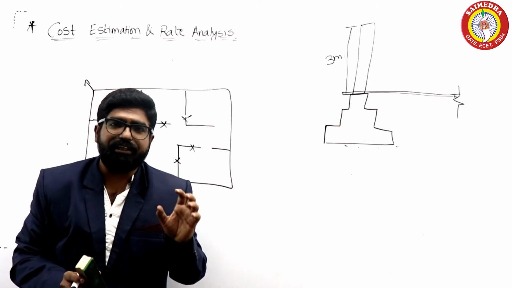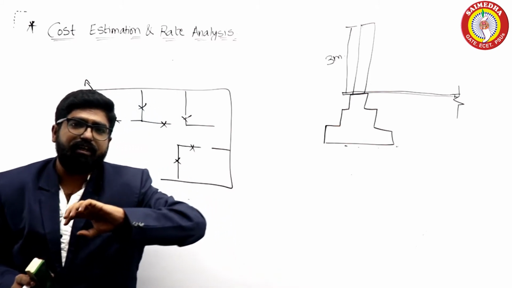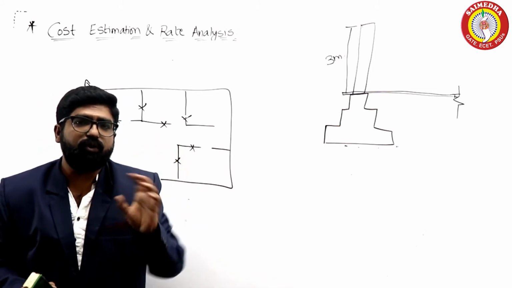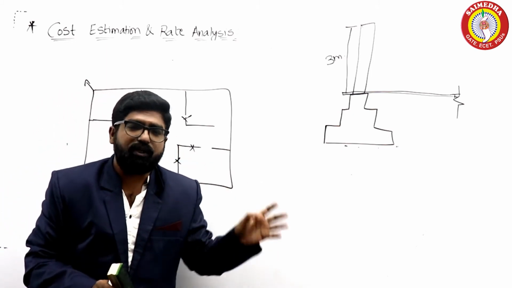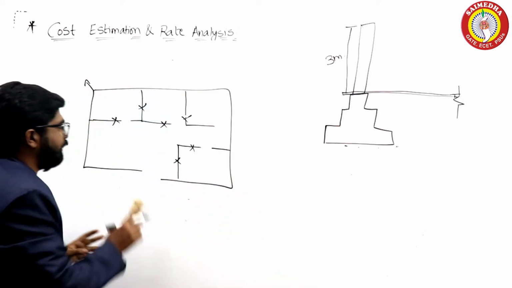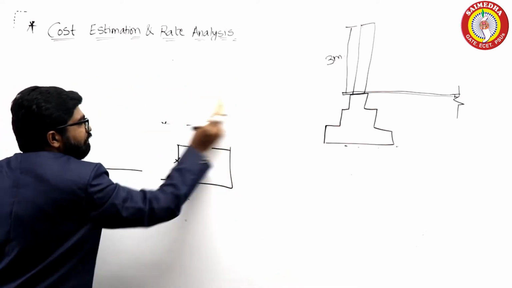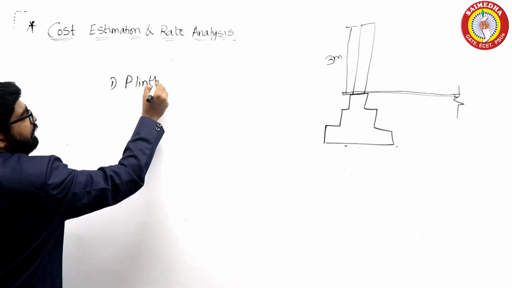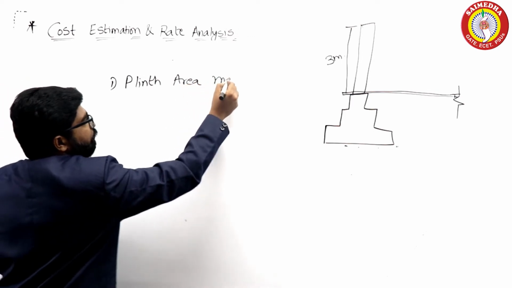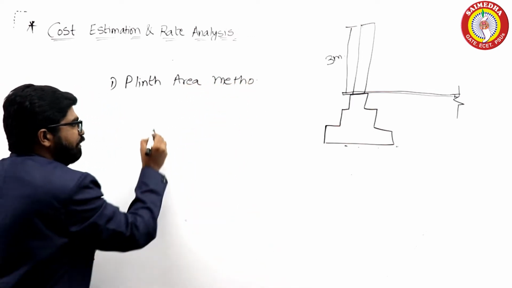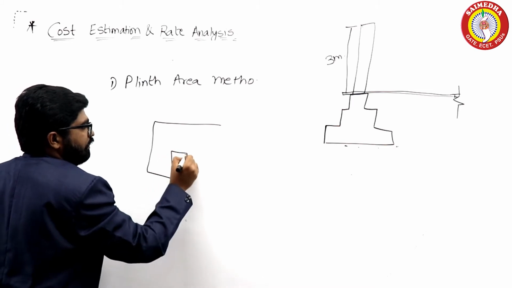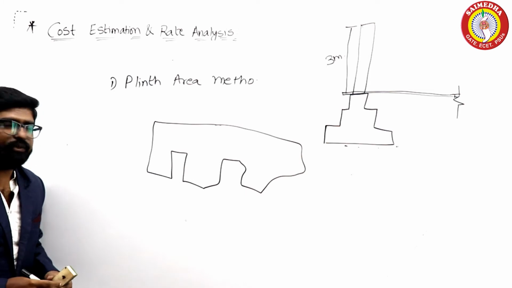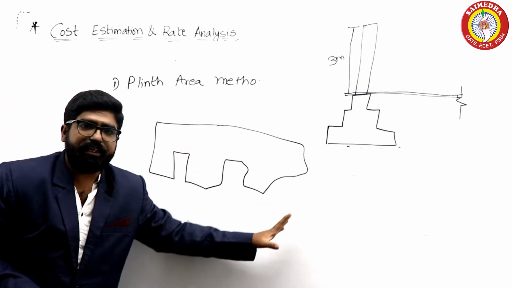If you want to calculate the cost by the approximate method, there are three methods in our process to calculate the total cost of the project. So what are those three methods? The very first one is the plinth area method. When I have a building of any kind or any shape, I just calculate the plinth area of this.